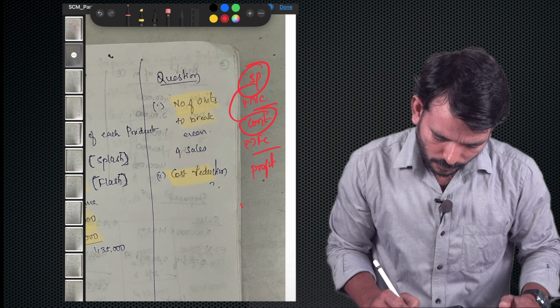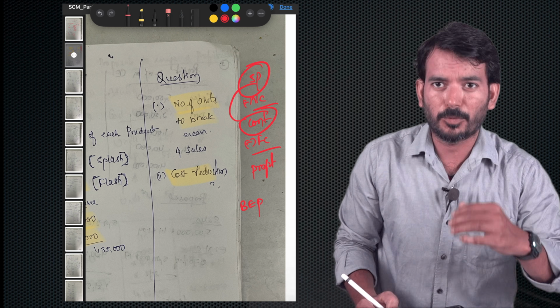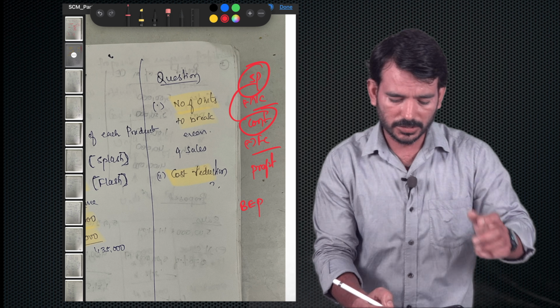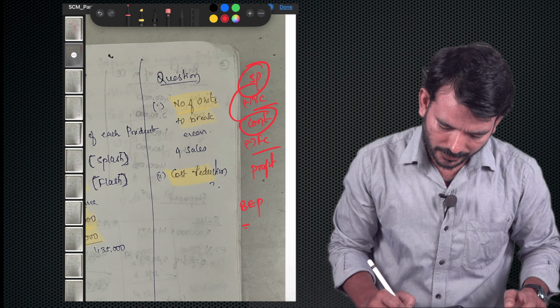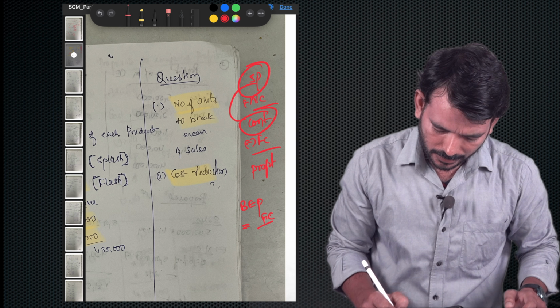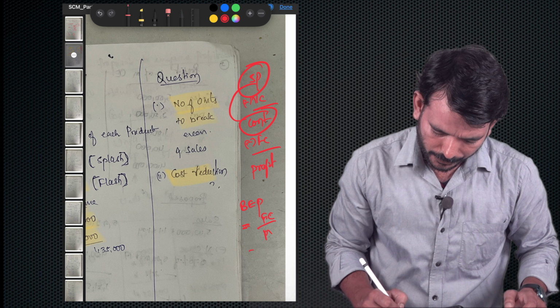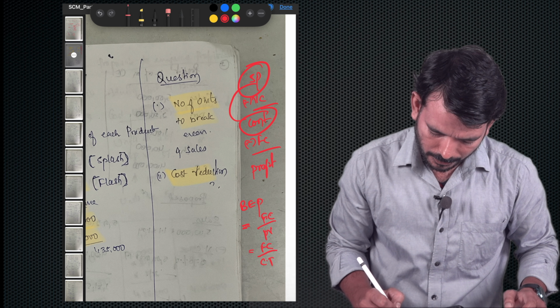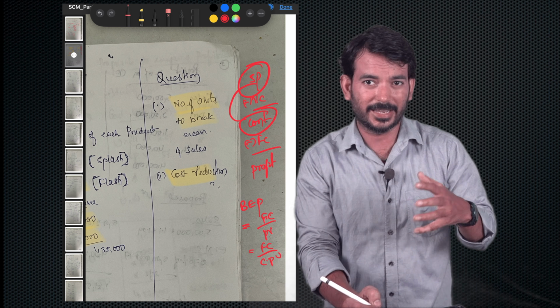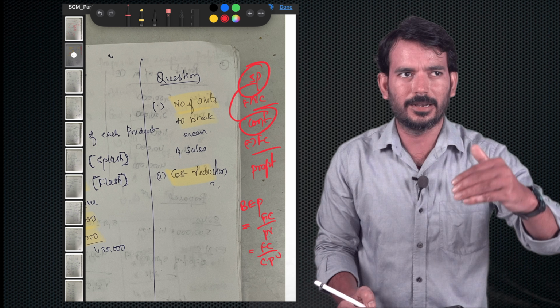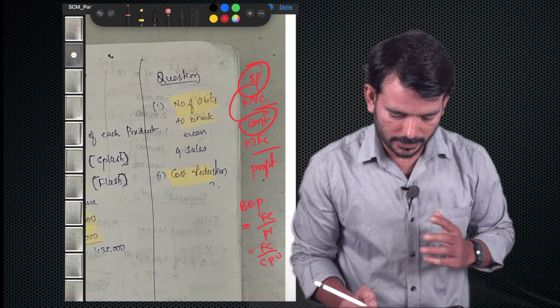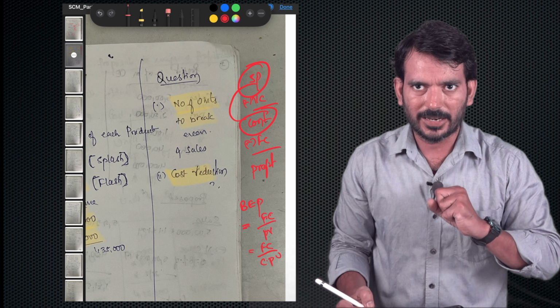Again, what is a break even point? Break even point is a point at which there is no profit, no loss, which means we only recover fixed cost: fixed cost divided by PV ratio, or fixed cost divided by contribution per unit. So these are the basic formulas. Again, this is not a regular class, so I am not going into detail, and I am assuming you must have gone through all these formulas, right? Till here it is clear.